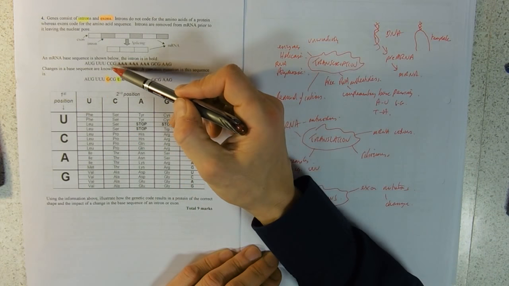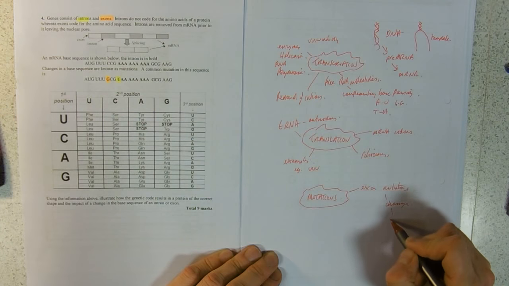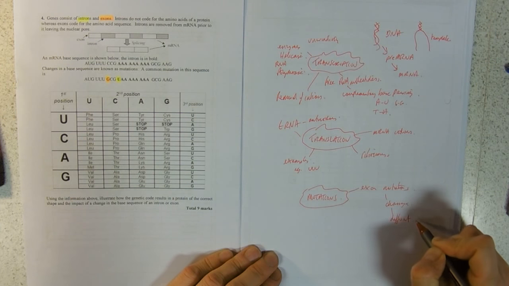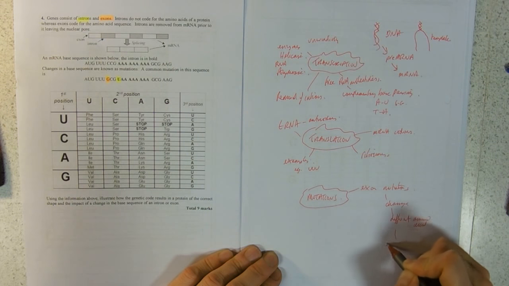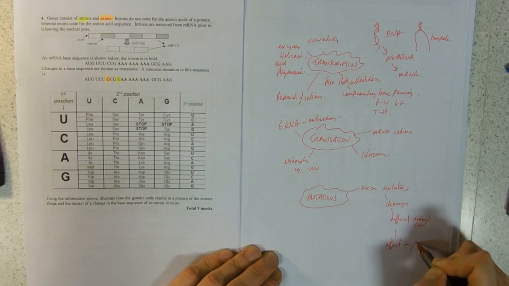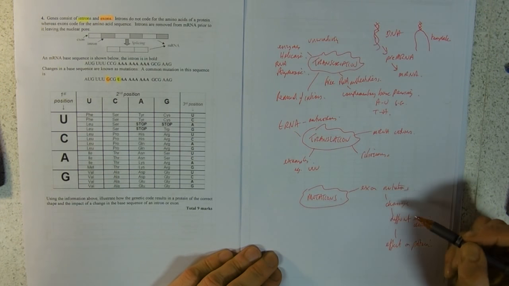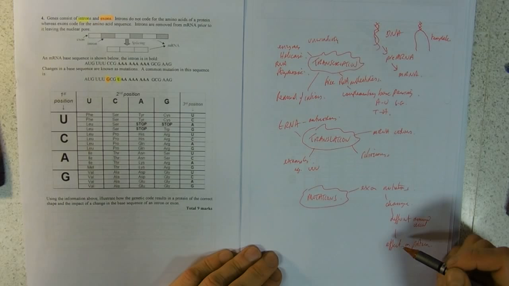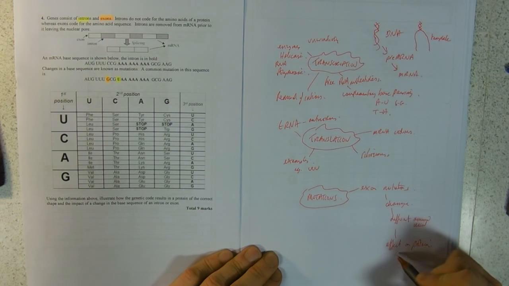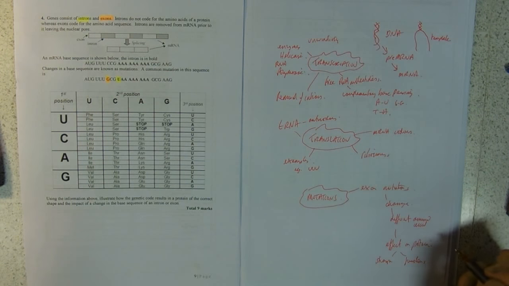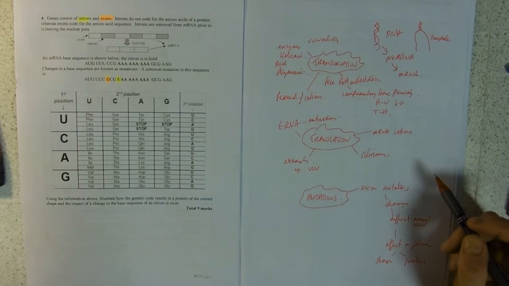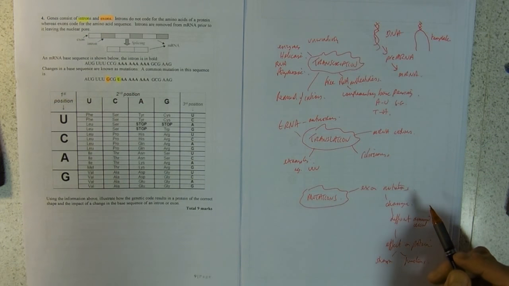This one will give a different amino acid, and then you can give the effect on the protein, the change in shape and the change in the function. So shape and possible change in function. Maybe come up with some examples, like receptors and shapes like that, hormones.